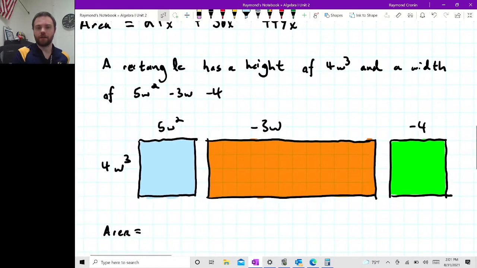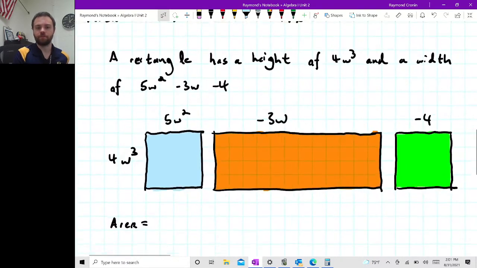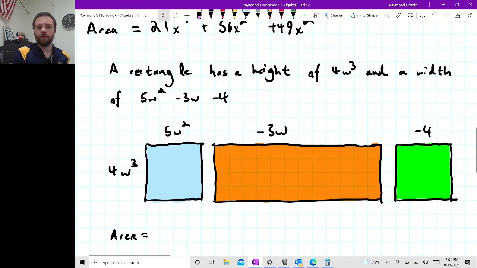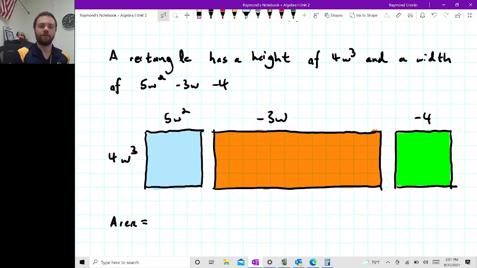And then what you've got here is a few more. It says a rectangle has a height of 4w cubed, so that's its height, and a width of 5w squared minus 3w minus 4. And you're going to do the same thing. You're going to distribute 4w cubed to each one of these numbers.